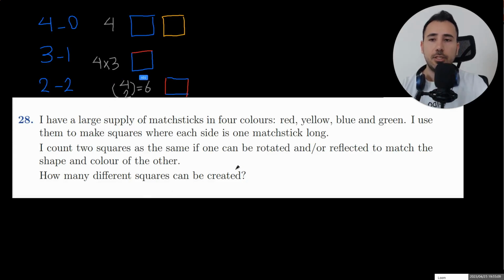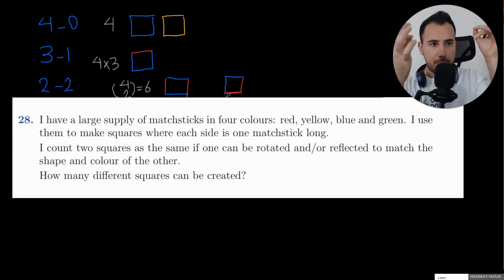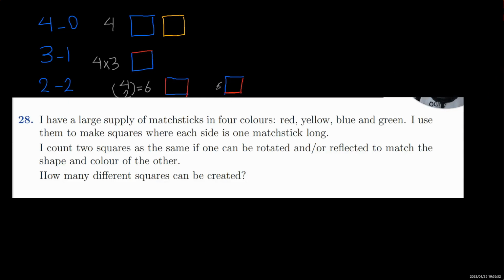But 2 and 2 is not over. Why? Because what if I write them like this? Blue and blue like this, and red like this. Again, the same reasoning. We have 4 colors, we just want to pick 2 from them. So it will be combination of 4 and 2, which would be another 6.